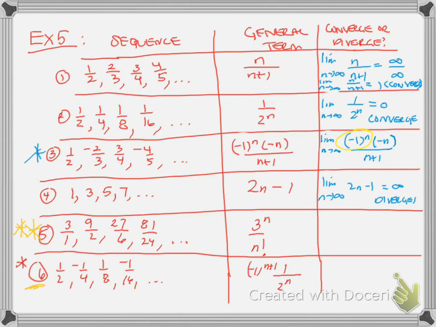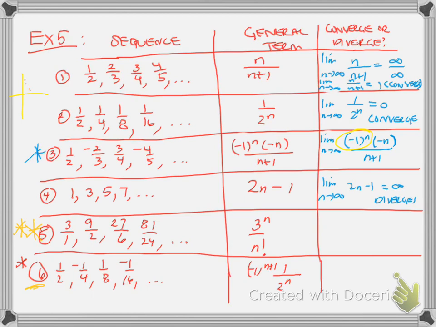Well, it's going to go back and forth between positive and negative. So you think, how can it go to the same number if it's positive and negative? And the answer is if it's 0, right? Because just think about a sequence, right? And this is very exciting.